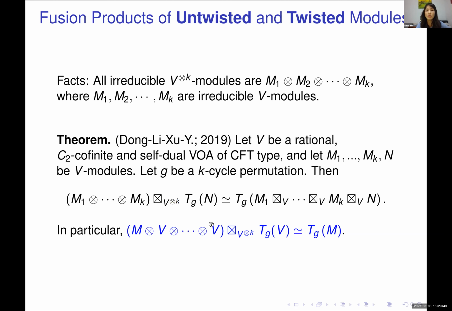In particular, what I need here is the case where we take M1 equal to M and the other modules to be M0, which is just V. In this case, any G-twisted module corresponding to this M can be written as the tensor product of this untwisted module and the twisted module here. The left-hand side is a tensor product for the tensor product VOA, and the right-hand side consists of modules for V, and I'm going to use this one.